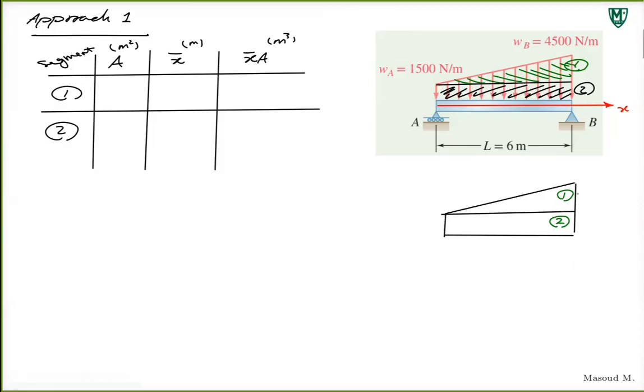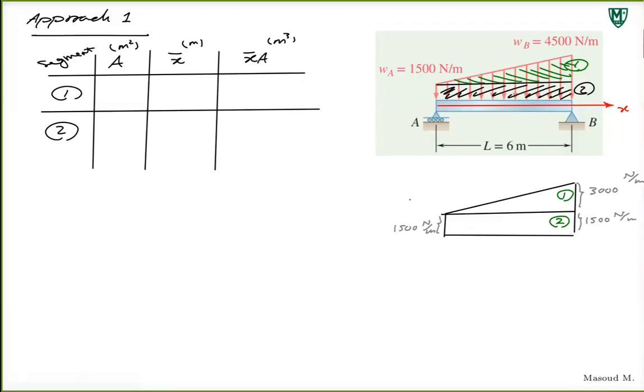This would be the base, which is 4,500 minus 1,500, so 3,000 here. This is 1,500 Newton per meter, and this is also 1,500. This is the profile of our load curve. We look at this load curve the way we're looking at the composite area.